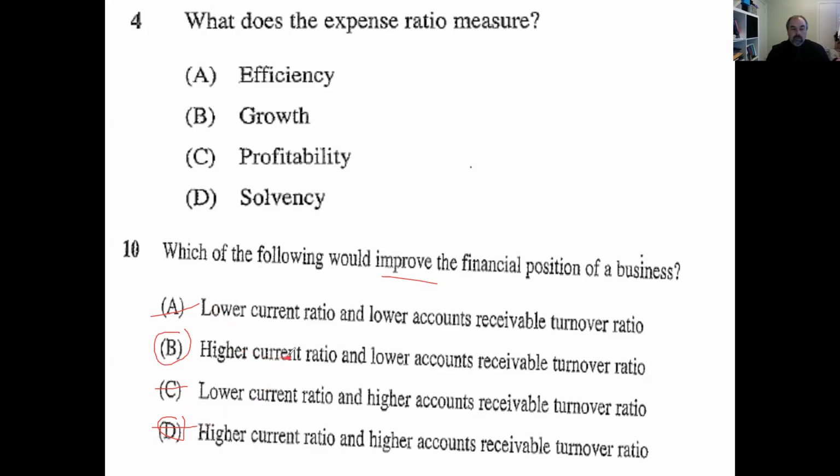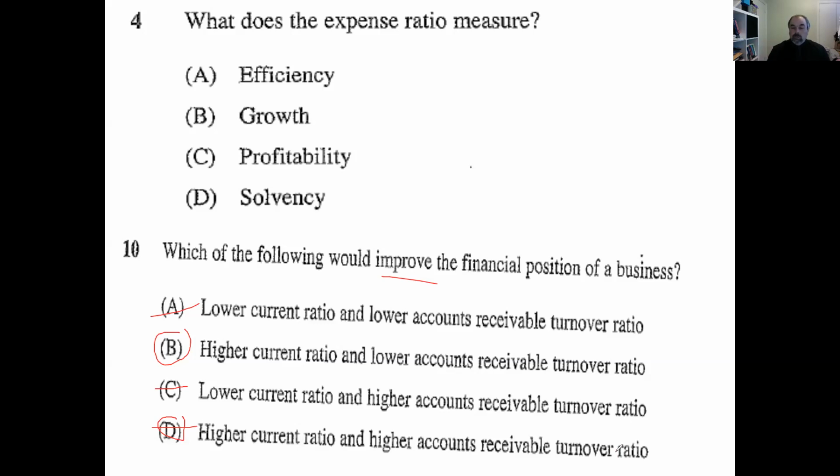So the next part is, would we want a lower accounts receivable turnover ratio or a higher accounts receivable turnover ratio? The accounts receivable turnover ratio is the ability to turn over your debt, or have customers who buy on credit pay those bills.